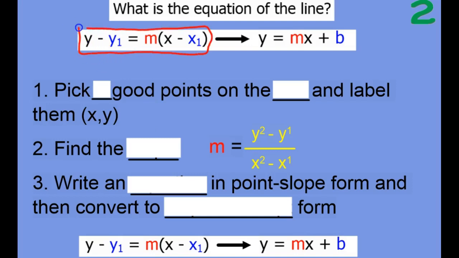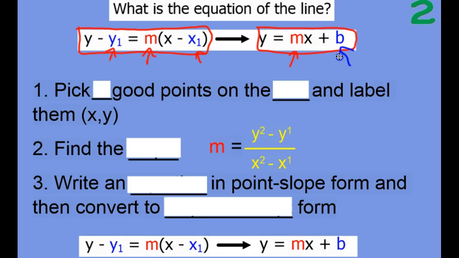If you remember what that form is called, it's called the point-slope form because we have our slope here and then our point, x1 and y1. So it has a slope and a point. Then we're going to be changing this into our slope-intercept form. We have a slope and we have a b, or a y-intercept.